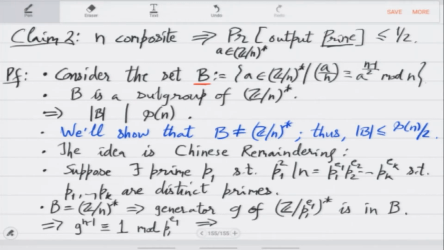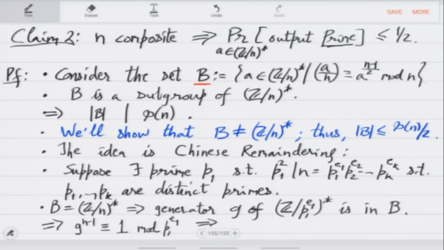We knew that G to the n minus 1 by 2 is G by n, but that is a sign, it's plus minus 1, so we squared it and we deduced this property. Which means that the order of G, phi of P1^E1, the Euler totient function, that's the size of the subgroup, is equal to P1^(E1 minus 1) times (P1 minus 1), and this divides n minus 1.